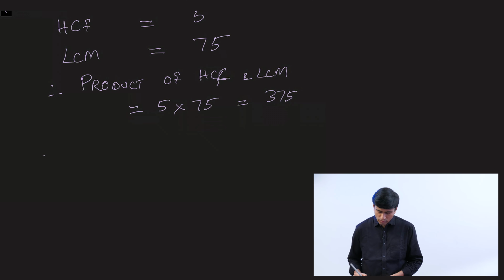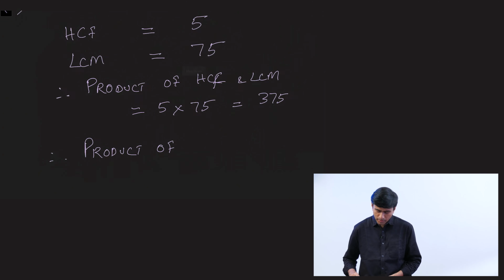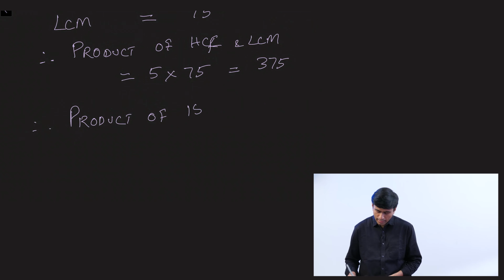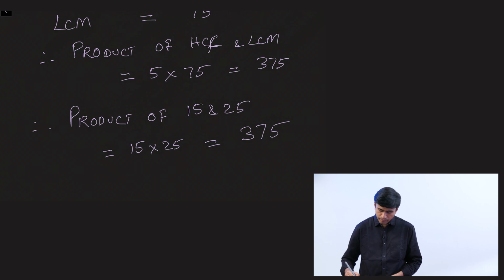Now let's just do the product of the given numbers 15 and 25. That is 15 into 25, which is still 375. So you see, the product of their HCF and LCM is the same as the product of the 2 numbers.